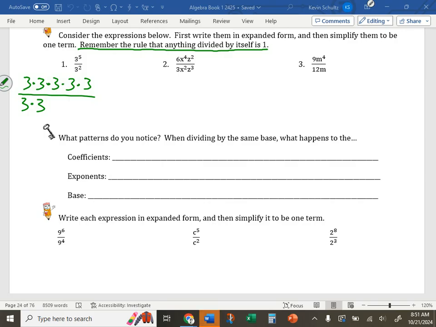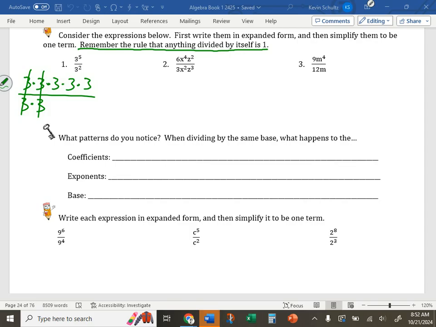Think of when you've simplified fractions before. If you have a 3 in the numerator and a 3 in the denominator, what can you do with those? You cancel them out, because 3 divided by 3 equals 1. What can we do with this pair of 3s here? Cancel them out. And so, folks, what we're left with are how many 3s, and where? Three 3s.